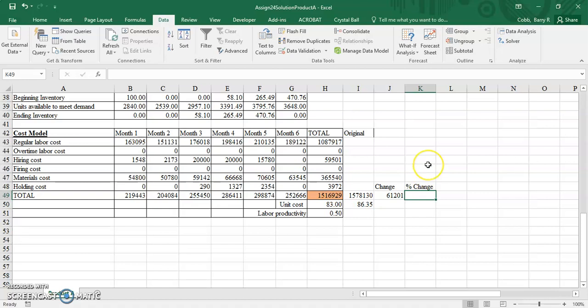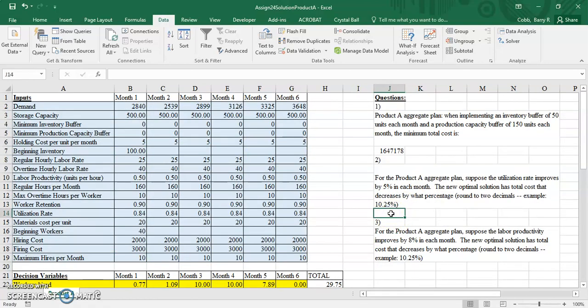To measure the percentage decrease, we would take the change and divide it by the original total cost. So this is a change. In this case, we know it's a decrease of about 3.88% in total cost.